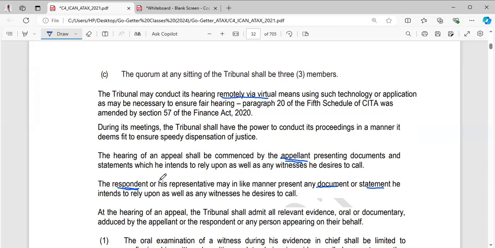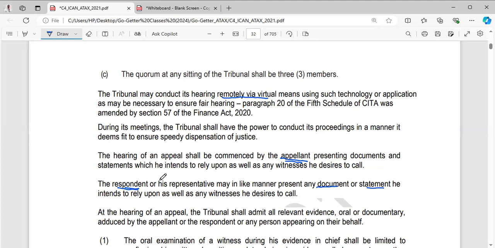At the hearing of an appeal, the tribunal shall admit all relevant evidence, which could be oral or documented, which will be produced by the appellant or the respondent or any person that is appearing on their behalf.